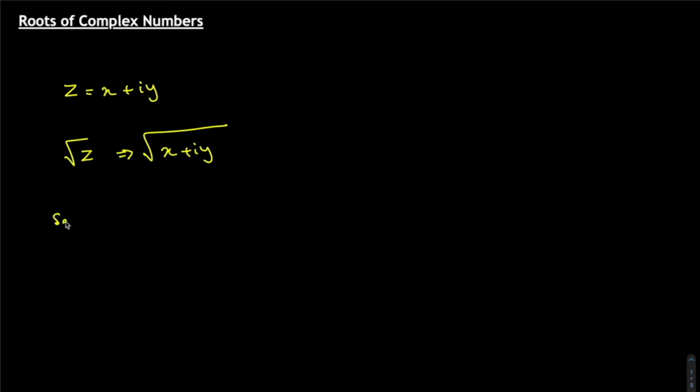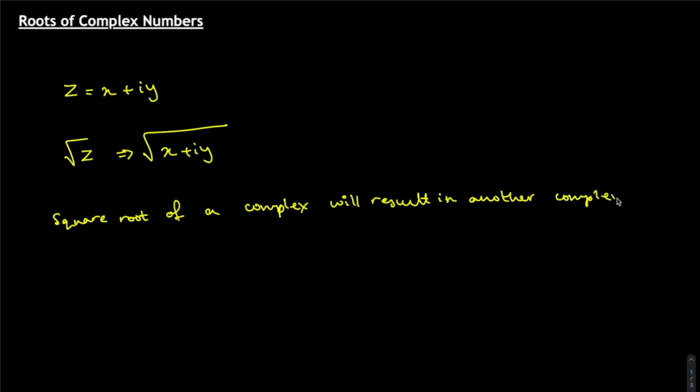So let me write it here. Square root of a complex number will result in another complex number. In fact, you'll be getting pairs of complex numbers, right?